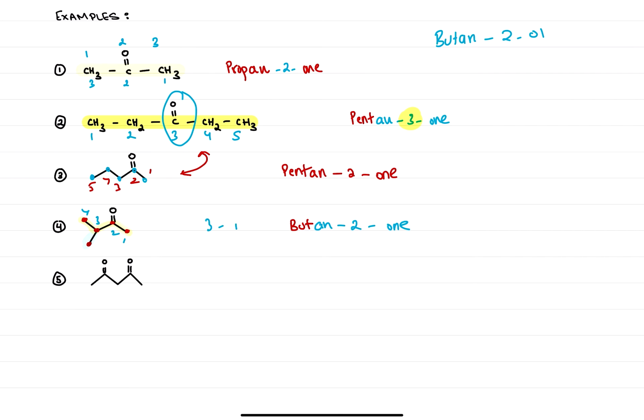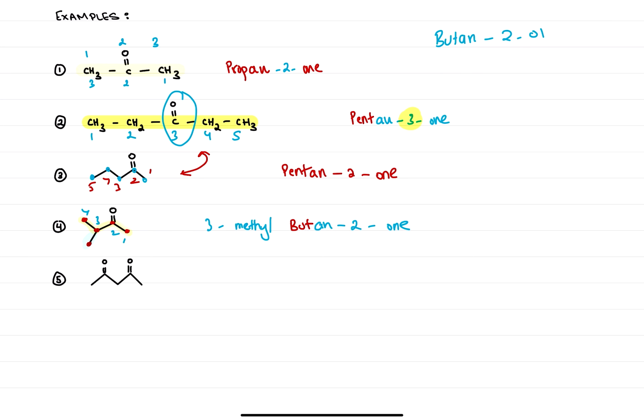And so I'll write down 3-methylbutan-2-one. All right, so I'm hoping, like always, that this is getting clear to you and it's making sense to you. And once again, the alkyl groups are considered much later once we're done naming the rest of the molecule.